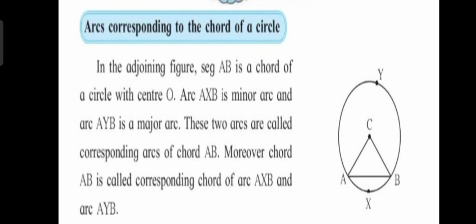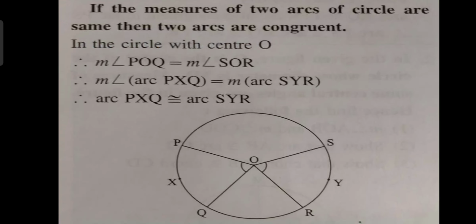Moreover, chord AB is the corresponding chord of arcs AXB and AYB. You can also say it the opposite way: AB is the corresponding chord of arcs AXB and AYB. Now let's see another one.